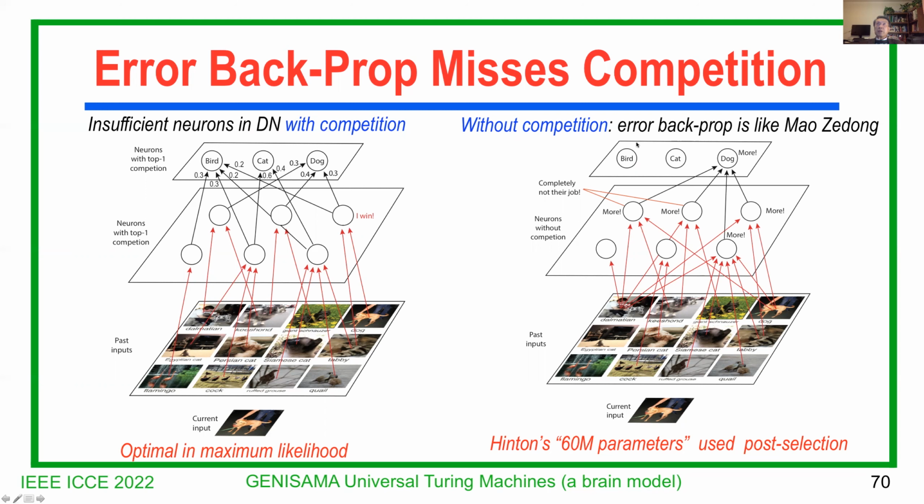So without competition, error backprop is like Chairman Mao Zedong in China. He wants to really reduce the error, so he says, you connect to me, you help me. But in this case, with 4 neurons, some of the inputs are not their job, but are just connected to you for my job. I connect to you, you want me to help you with this? That's not my job, for example.